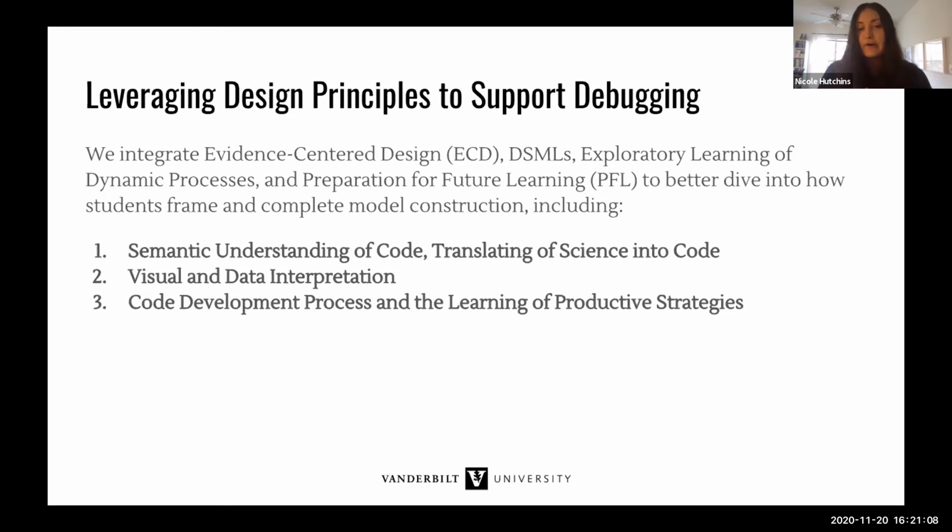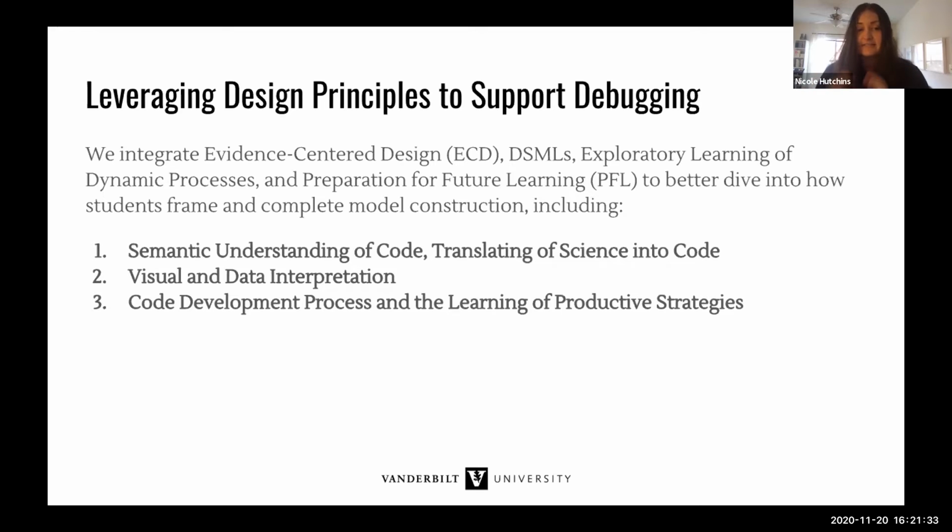And overall, we've tried to dive into how students are framing their model construction and completing the model construction. So what strategies do they apply? And this includes their semantic understanding of the code. In past research, we've seen this issue with students translating science knowledge into code, so hopefully the DSMLs help that process.